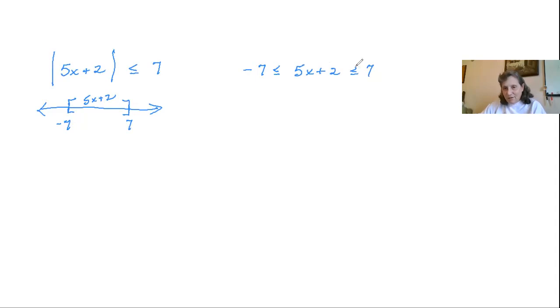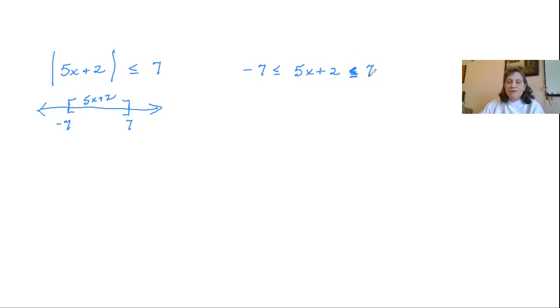It has to be smaller than 7. But if negative 7 is smaller than 5x plus 2, then 5x plus 2 is bigger than negative 7, right? So it has to be larger or to the right of -7, and to the left of +7. And when we write this as one inequality, that means it has to have both of these qualities at the same time.